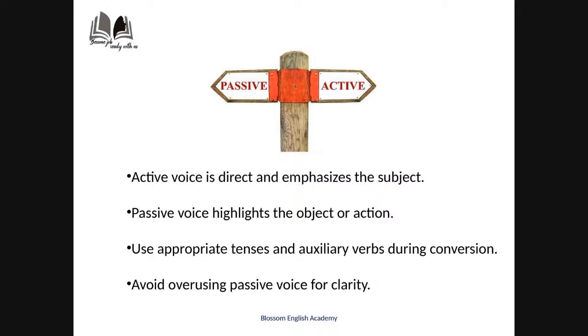Okay. And yeah, appropriate tenses are supposed to be used during conversion, or else it would look like another active sentence which is poorly built. And if you want the sentence to have more clarity, then always, always, always go for active voice rather than going for passive voice.